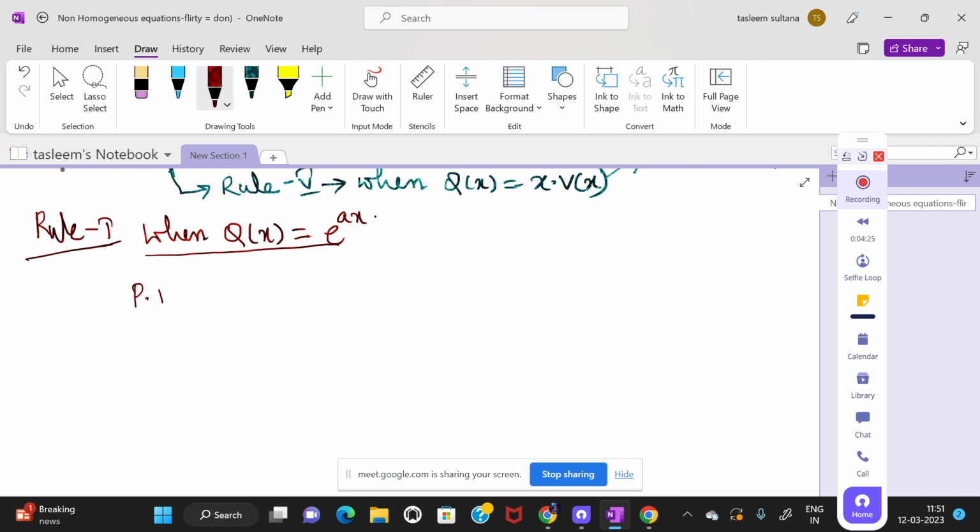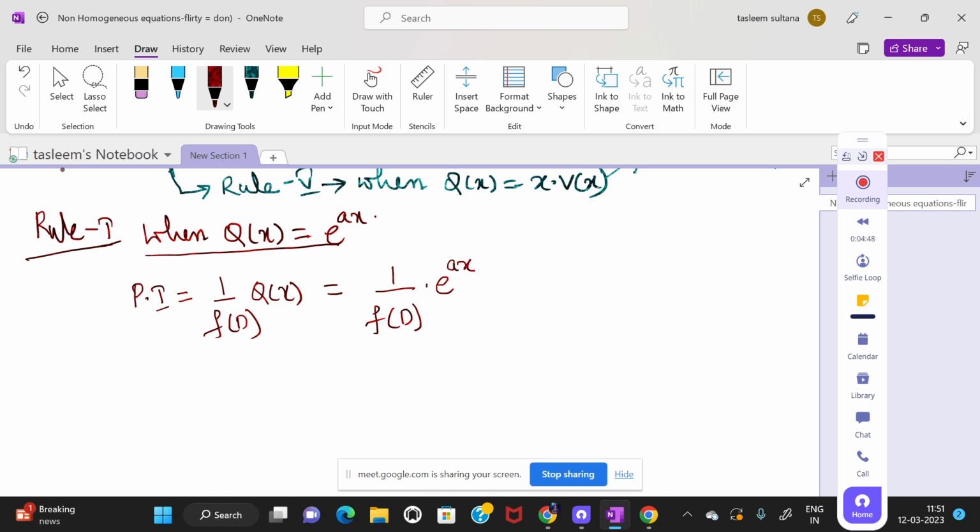The PI formula is 1 by f of D into Q of x, where 1 by f of D is a polynomial in terms of D, and Q of x is e to the power of ax.